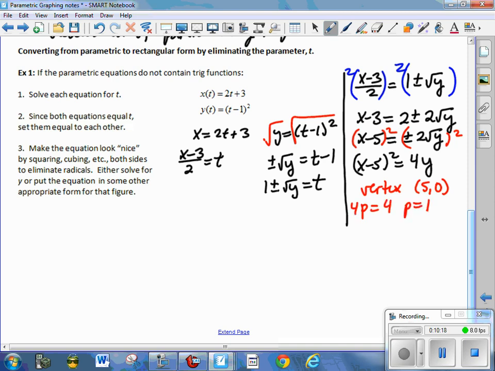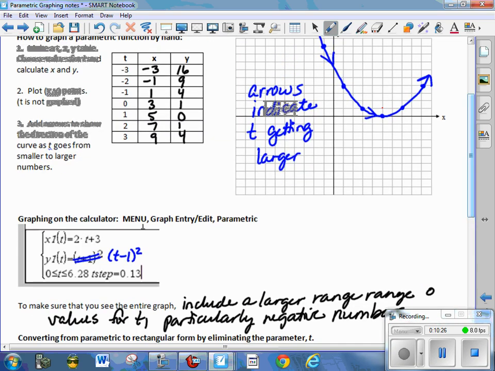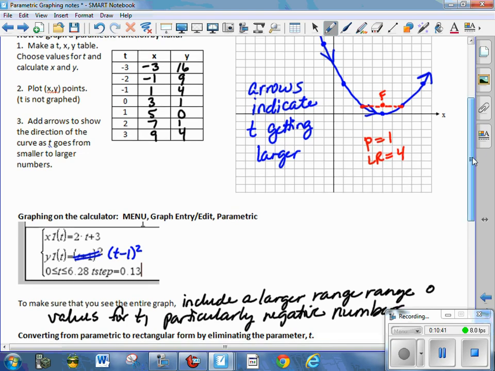Now, you're not always going to be able to do this. This happened to turn out really nicely, so I thought I would just show you that if we go back and look at our graph, you'll see that this actually works. Here's our p, 1 away from the vertex. So there's our focus. And if we go to the left 2 and to the right 2, you'll see that the latus rectum is indeed 4, so p equals 1 and the latus rectum equals 4, and that makes sense.